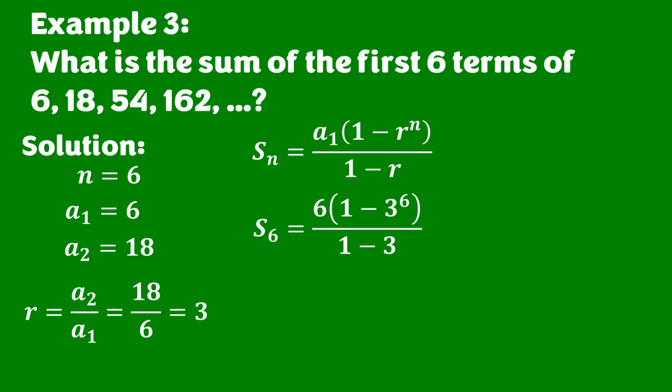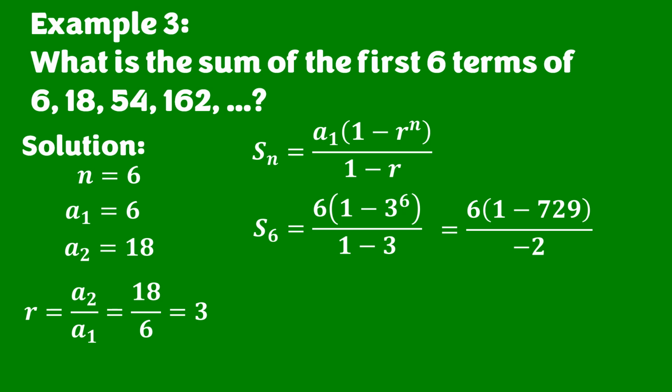So we're going to solve for the value of 3 raised to 6, and the value of 3 raised to 6 is 729. So the equation now is S sub 6 is equal to 6 times the quantity of 1 minus 729 all over negative 2. Negative 2 is the value of 1 minus 3.